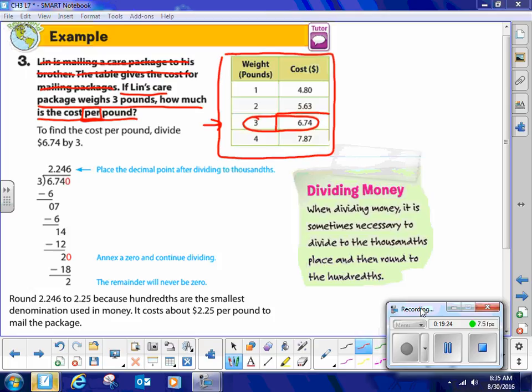And because it's money, look over here, when dividing money, you go to the thousandth place, and then you round properly. Now, in business, I'm going to tell you right now, in business, they just round up. Let me see what they say here.